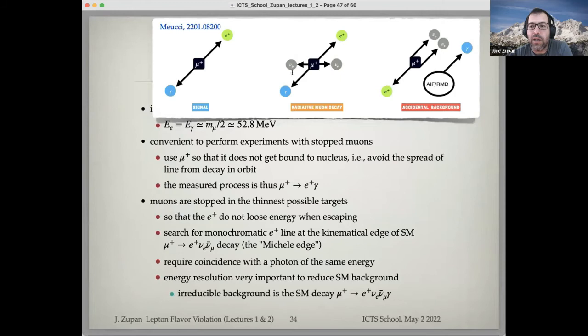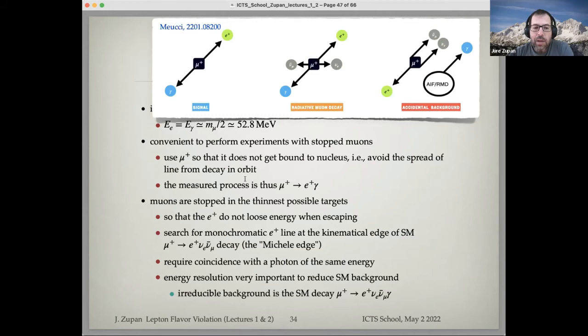This is physics. The only way you can make them irrelevant is by measuring the energies as precisely as possible and making sure that the positron and photon, especially the positron, don't lose energy when going out of the detector. So you want to have the muon stopped in the thinnest possible targets.